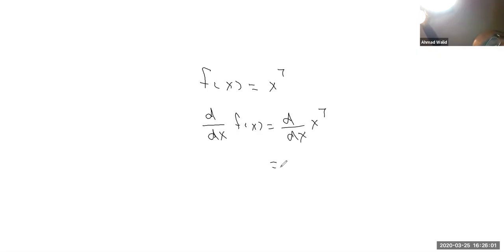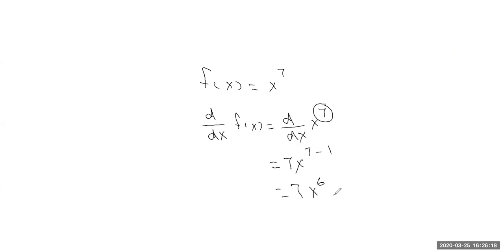For example, if you have f of x equals x to the power of 7, then d over dx of f of x equals d over dx of x to the 7, which is equal to, bring the 7 as a coefficient. Your variable is x, correct? And 7 minus 1, which gives you 7x to the power of 6. Clear now? Yes, thank you.